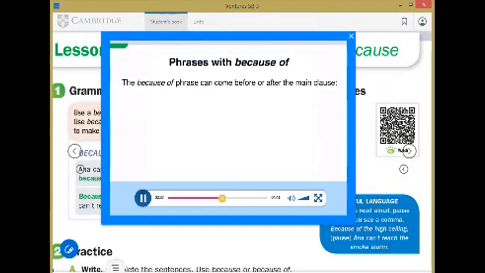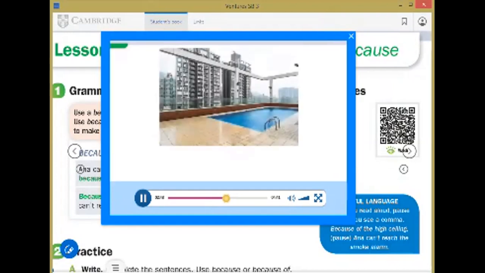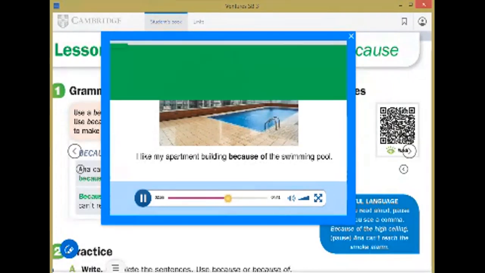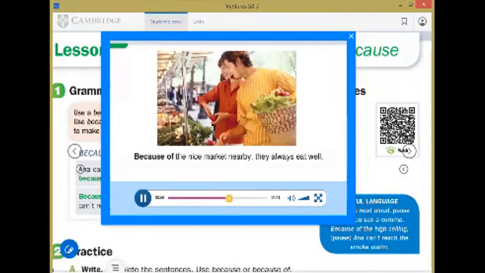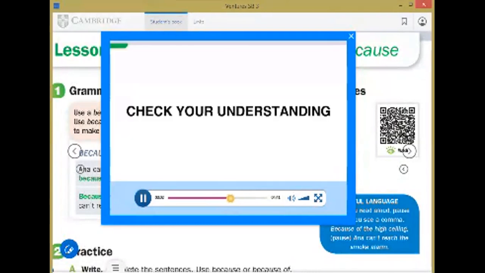We need a noun. Because of the noise, I didn't like my old apartment. Noise is a noun. He wants to move because of the very heavy traffic. Heavy traffic is a noun. I like my apartment building because of the swimming pool. Swimming pool is a noun. Because of the nice market nearby, they always eat well. Market is a noun.